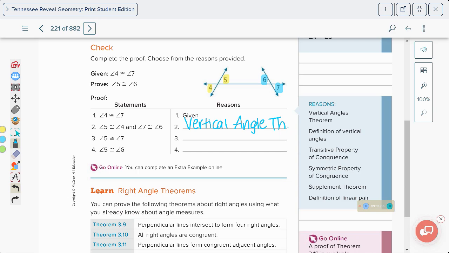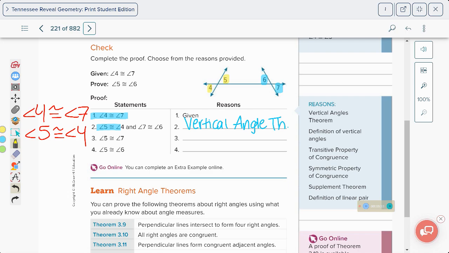And so then that brings us to our next statement. It says angle 5 is congruent to angle 7. I have to figure out some way to prove that. If I look back at statement 1, it says angle 4 is congruent to angle 7. In statement 2, it says angle 5 is congruent to angle 4.